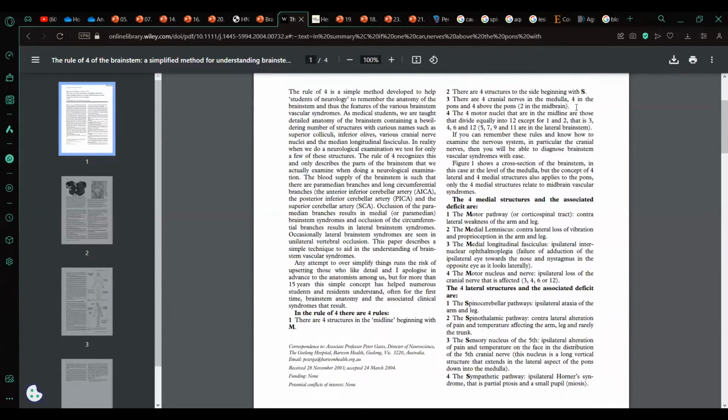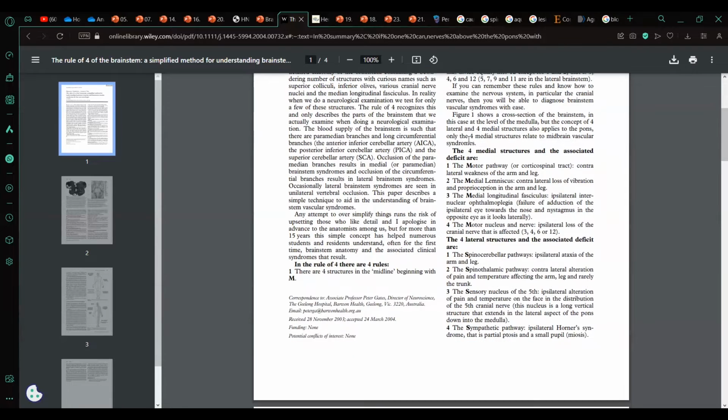Okay? The motor nuclei that are in the midline, so the midline motor nuclei, all divide into 12. Okay, so we have cranial nerve 3, 4, 6, and 12. They're all going to be midline. Now, the medial structures, the 4 M's that we mentioned earlier, that's going to be our motor pathway, the medial lemniscus, the medial longitudinal fasciculus, and the motor nucleus.